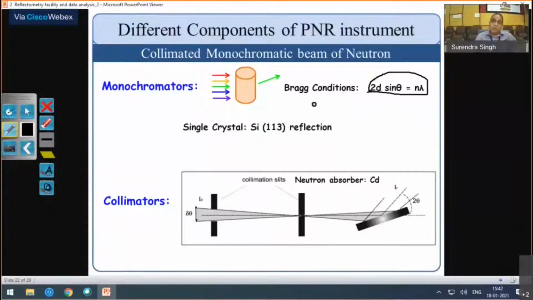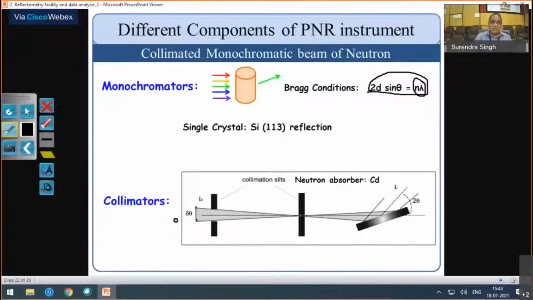Also, there is what we call second order contamination. Silicon doesn't give that, because it comes from the crystal structure of silicon. The crystal structure of silicon is a diamond structure, and if you calculate the structure factor for this diamond structure, you will come to know that 2 2 2 won't give any reflection.